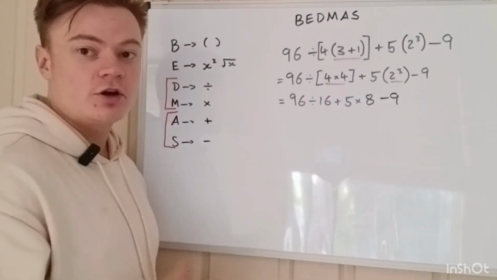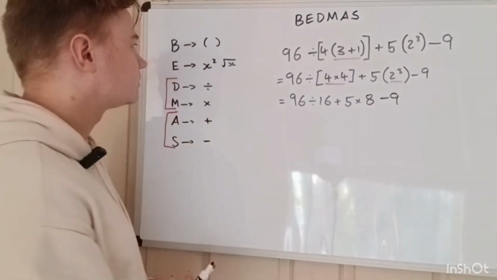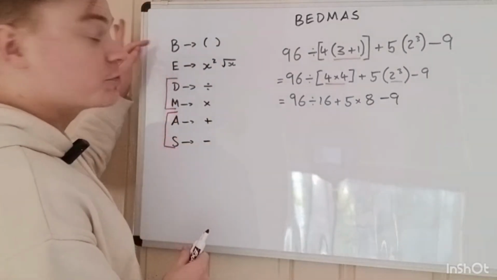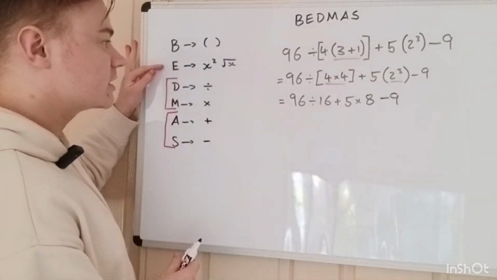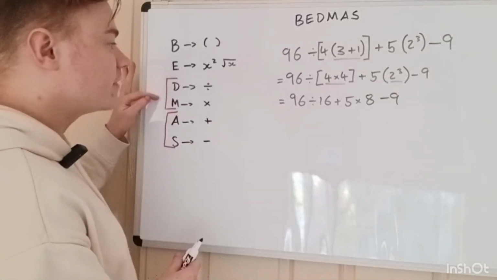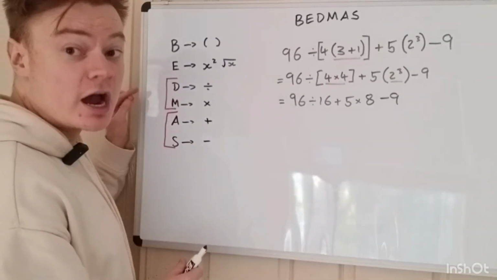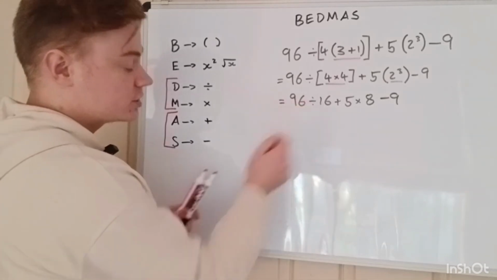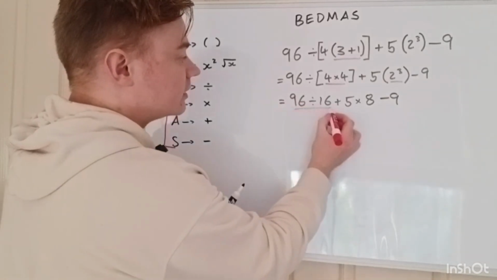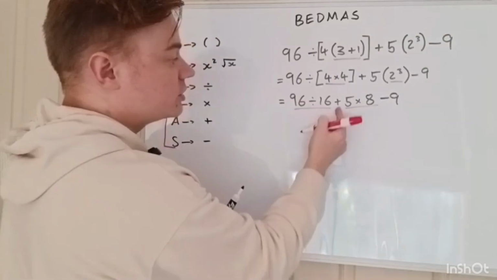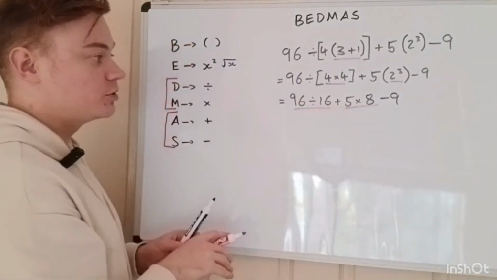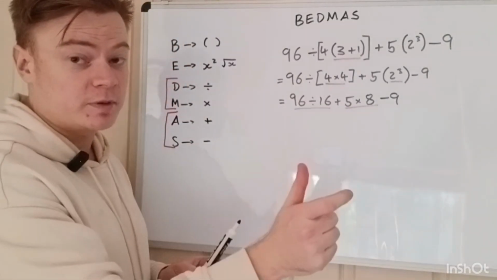So now we go down our BEDMAS line again. Brackets, we have no brackets. We have no exponents. We do have divide and multiply. Remember, these are tied for priority. So we just do the divide and the multiply next. We don't do this plus first. We need to do our division first and then our multiply.